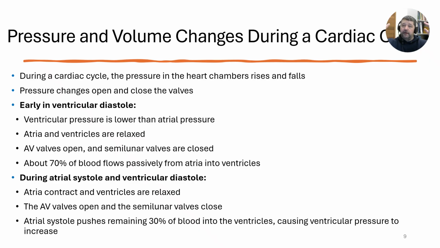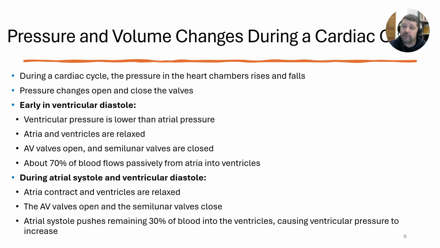The SA node has now sent the impulse, and those muscles contract. That forces the blood from the right atrium and the left atrium, both at the same time, out of the atria into the ventricles. That's where the 30% comes from. So this 70% is passive, and the remaining 30% or so is pushed into the ventricles.